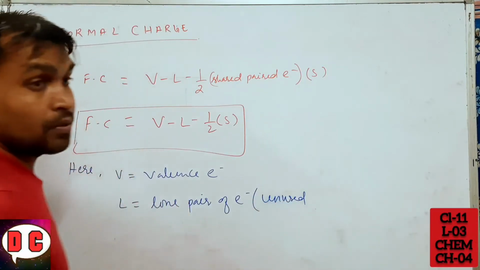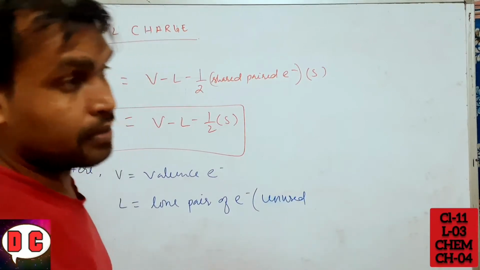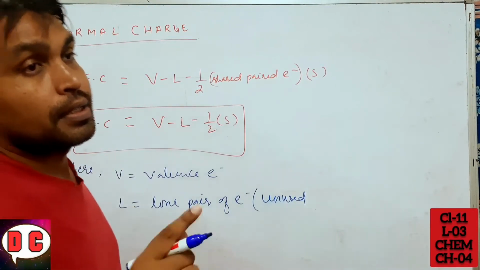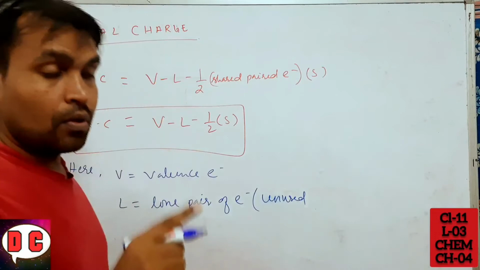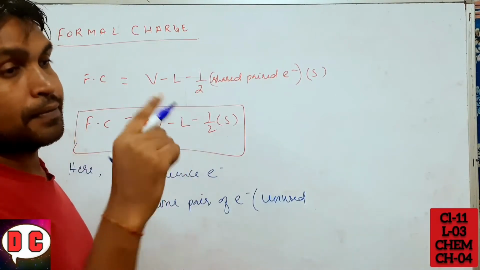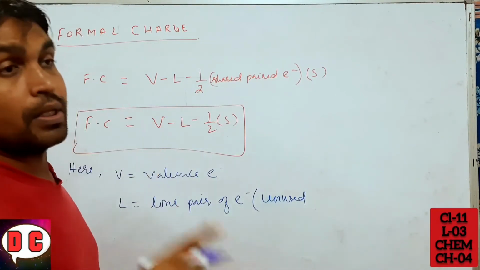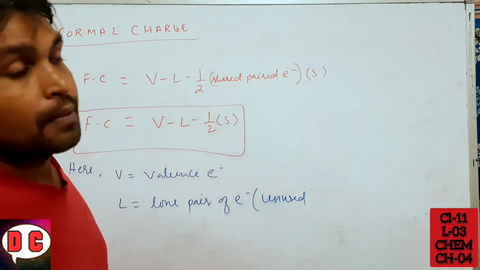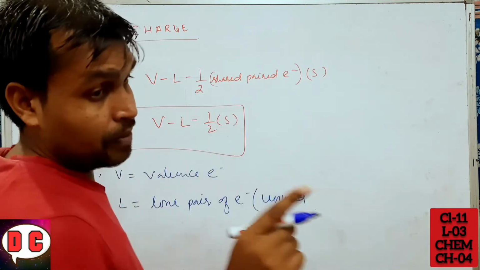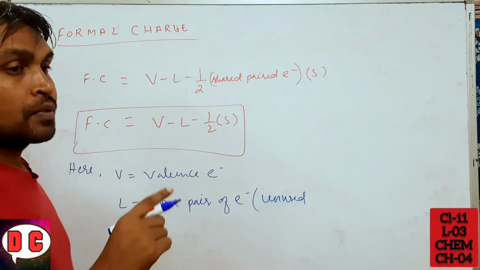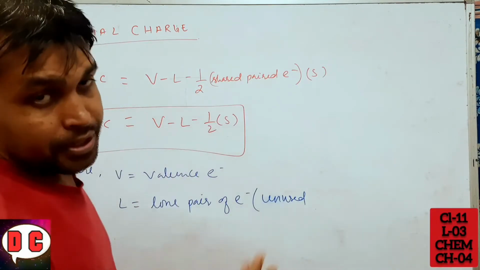Some of you might be wondering what is a lone pair of electrons, what are unused electrons. If you are wondering about this, dear students, don't hesitate, go to my first video lecture for this chapter. You will come to know what is a lone pair of electrons, because there I have explained chemistry chapter 4 class 11, what is lone pair, shared pair, and all those things.